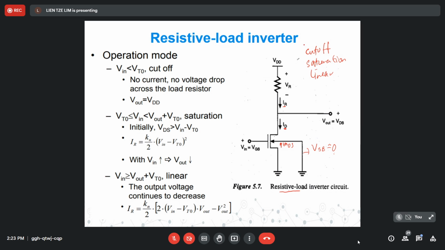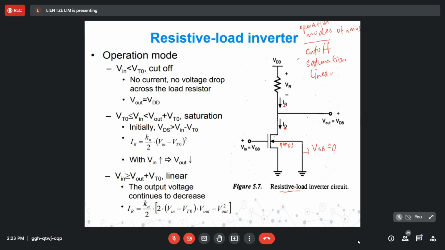These modes are based on the operation of the NMOS, this transistor. The operation of the NMOS is not difficult to understand. We all know that it starts to operate when the input is high, and then it will cut off, or be turned off, when the input is low.